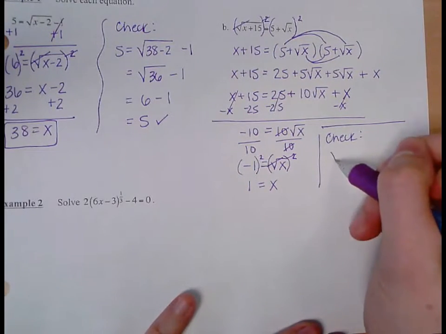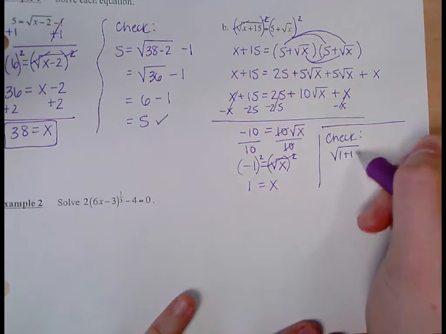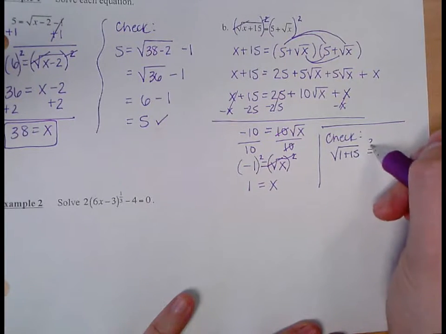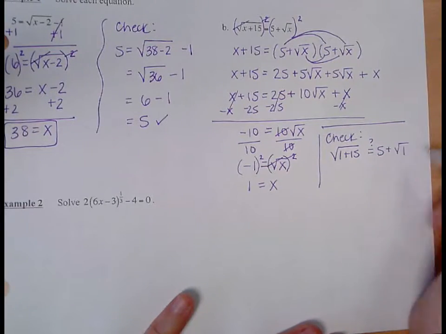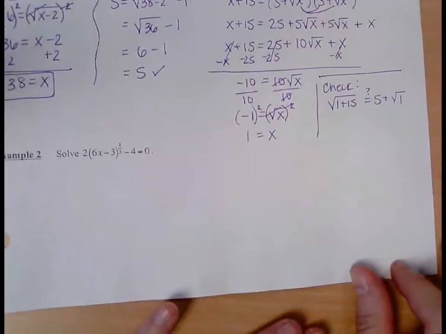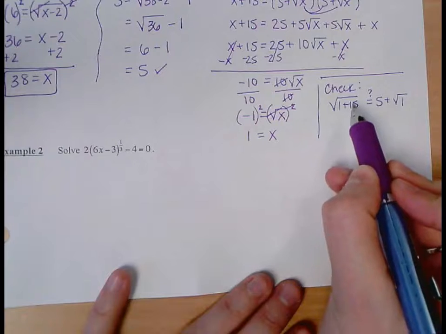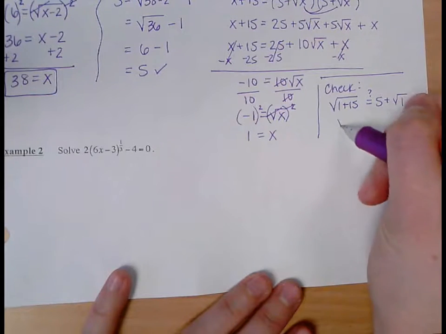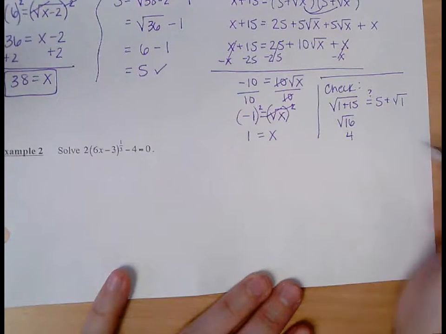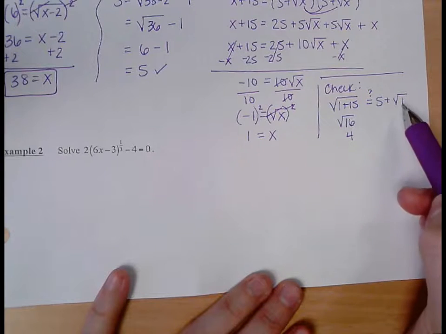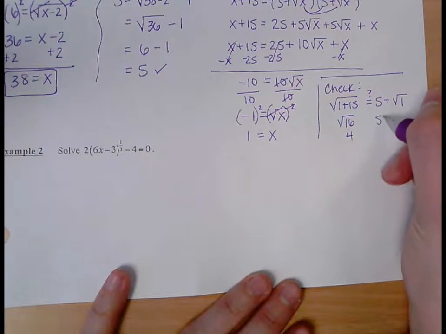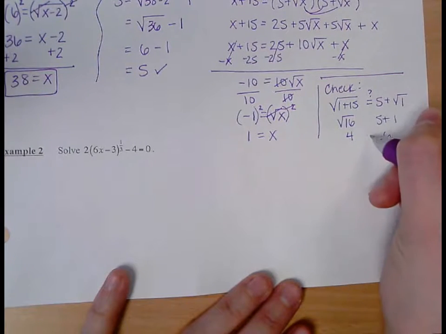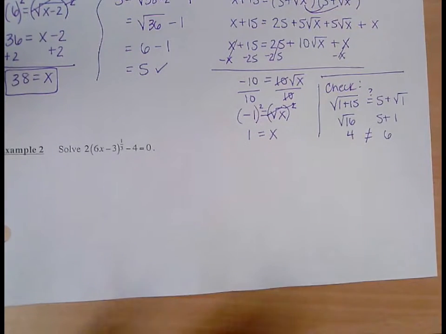So I would have the square root of 1 plus 15. Does that equal 5 plus the square root of 1? On the left, I have the square root of 16, which is 4. On the right side, I have 5 plus the square root of 1 is 1, and 5 plus 1 is 6. 4 does not equal 6.